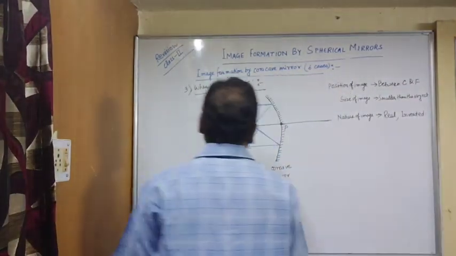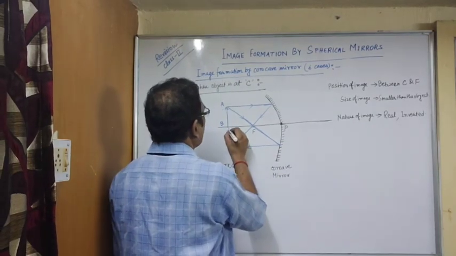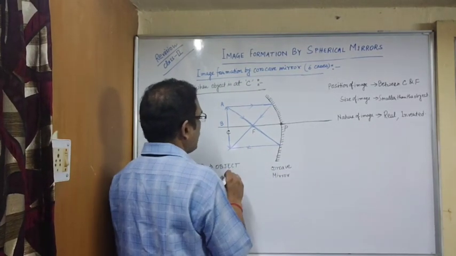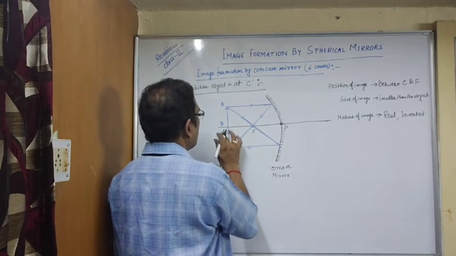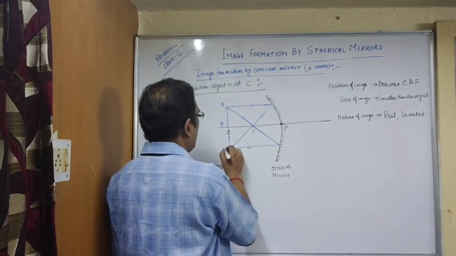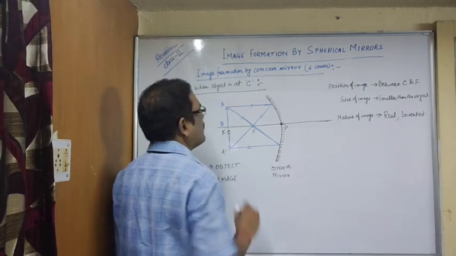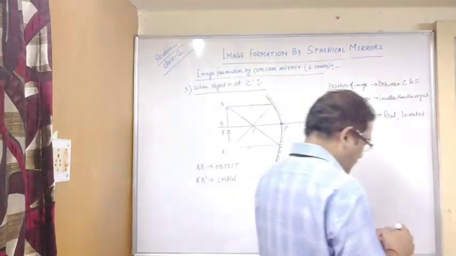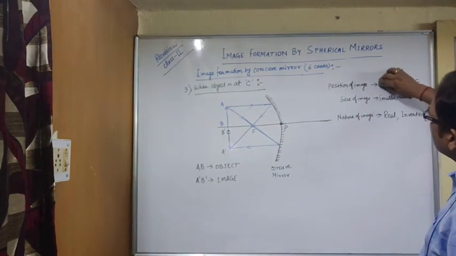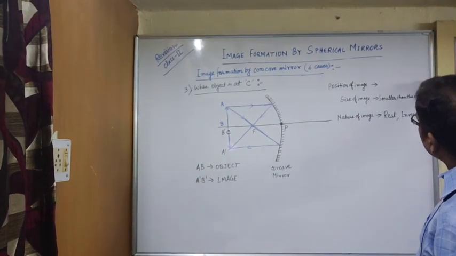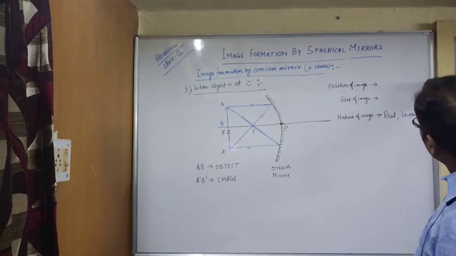When object is at C, you will get an image at C, and the size of image is equal to the size of object. So again we have to write these things: position of image and size of image.